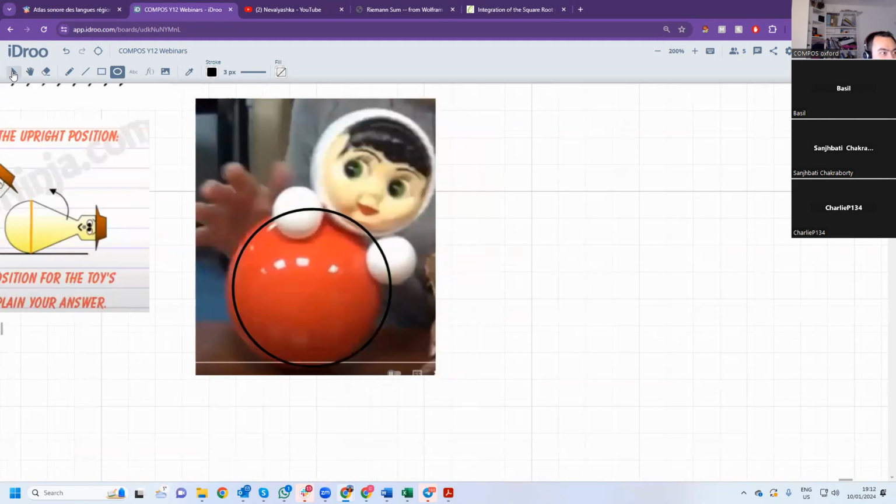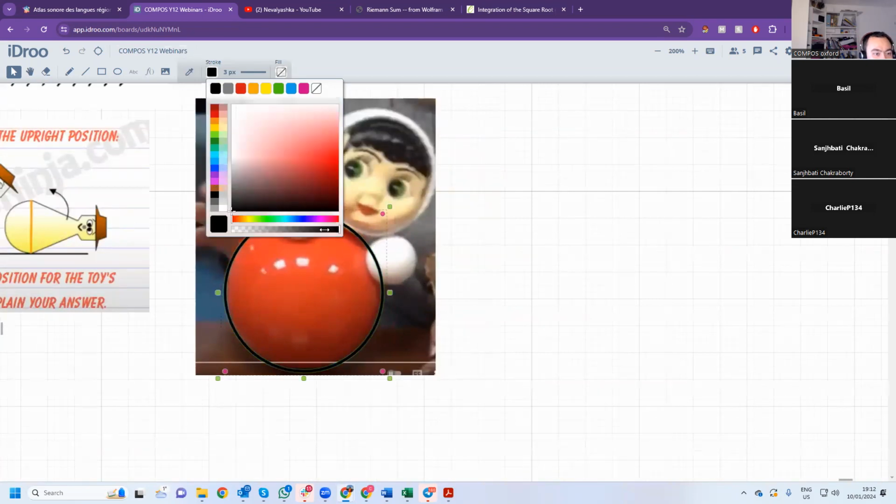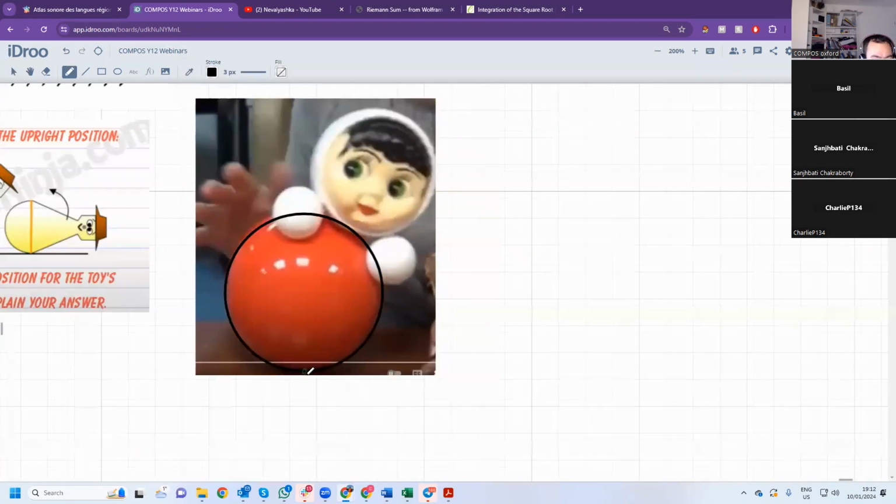This is the point of contact. And if you draw the vertical line, the center of mass has to be somewhere along this line.